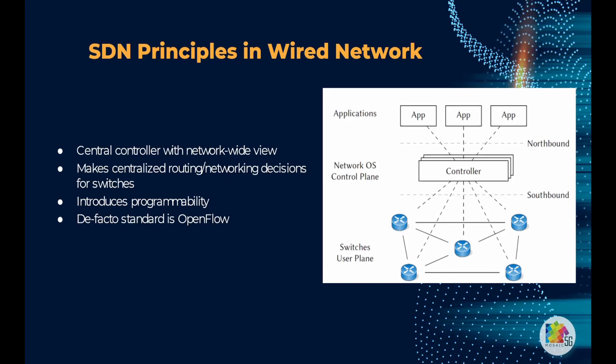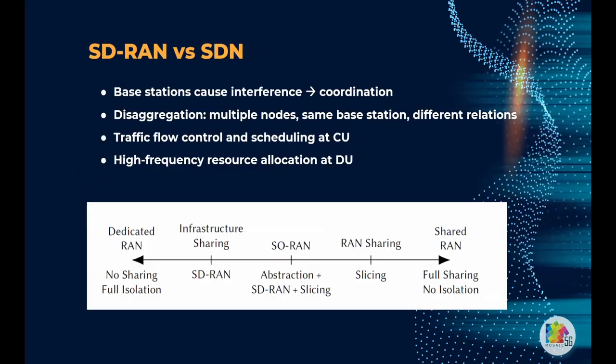Now we try to understand what the software-defined radio access network is and how it differs from SDN itself. Because we wireless people borrowed the concept of SDN and brought it into radio. So let's first focus here and then I go to the bullet points.